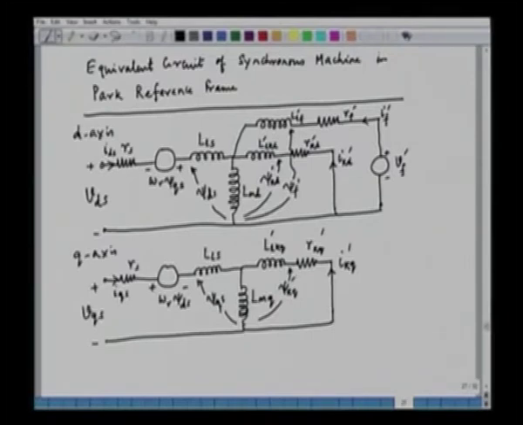So we have the complete equivalent circuit in front of us. So we can use this equivalent circuit to solve the various current expressions. And of course, we know that we have two systems. Here we have an electrical system, also we have a mechanical system.